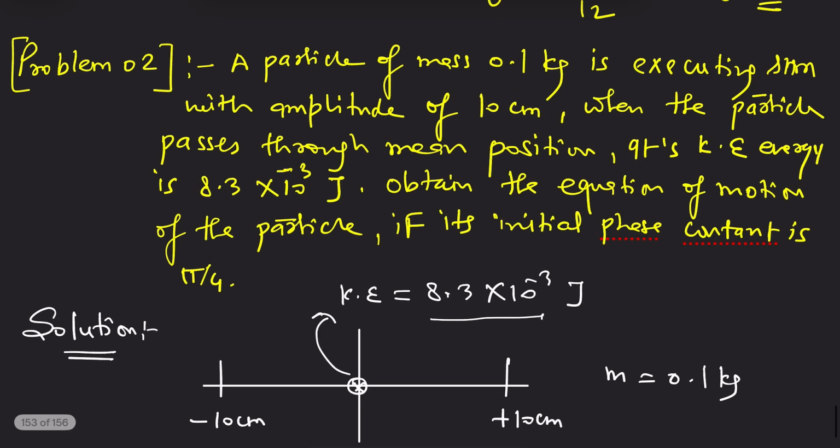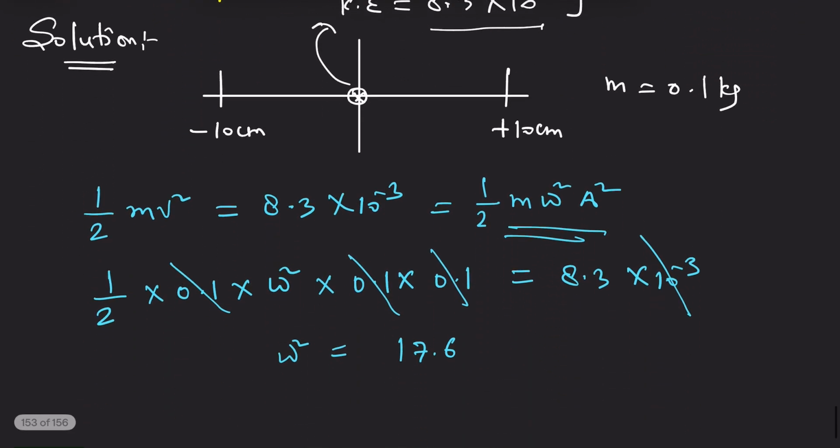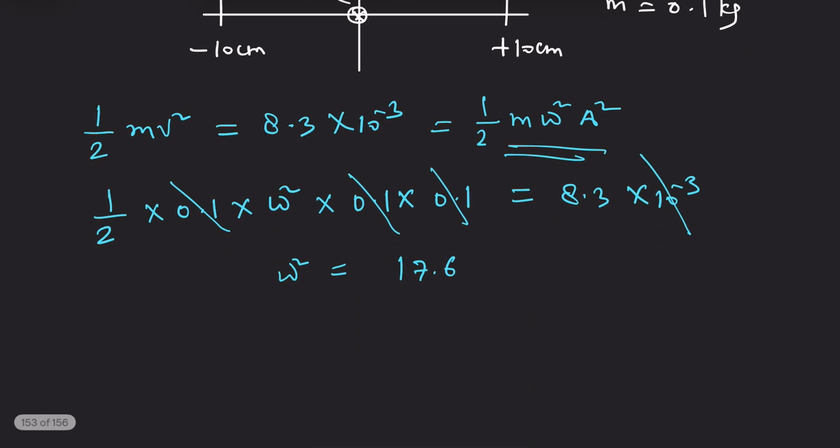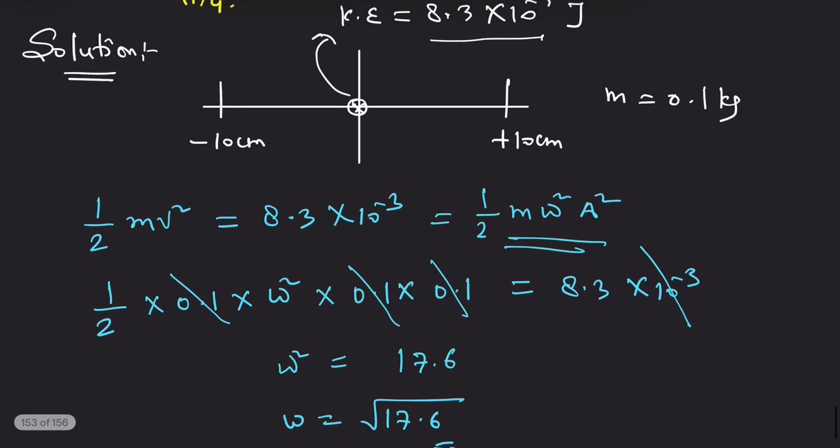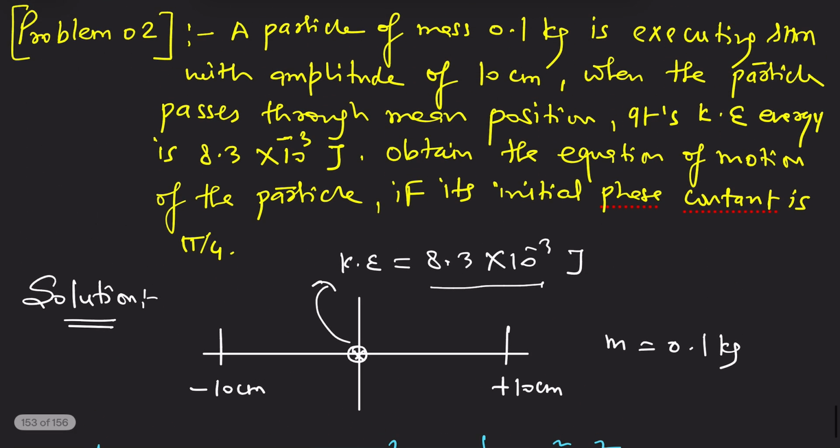So omega is under root of 17.6. I think I have taken this as 8.3, but it is given in the question as 8, so that's why I thought maybe we are getting some complicated result. So take it as 8.0 only.